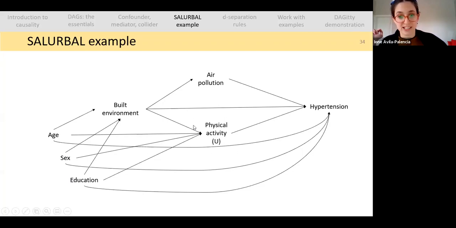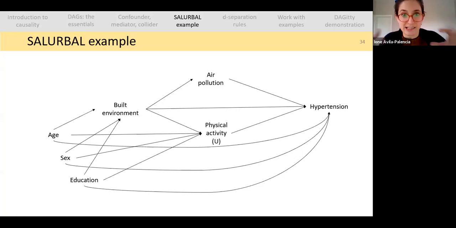So in this case, physical activity is a mediator of built environment and hypertension, and at the same time, it's a collider, right? Because it's receiving a lot of arrows. Somebody could say, okay, but built environment and hypertension also have a lot of arrows pointing to them. Okay, but built environment and hypertension, in this case, are our exposure and our outcome.